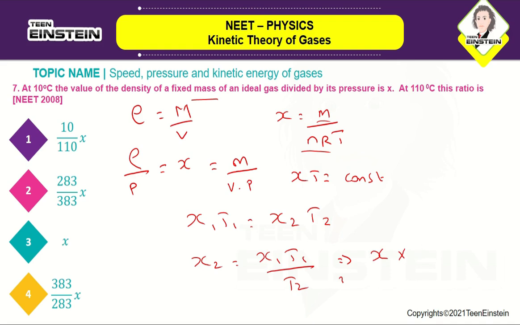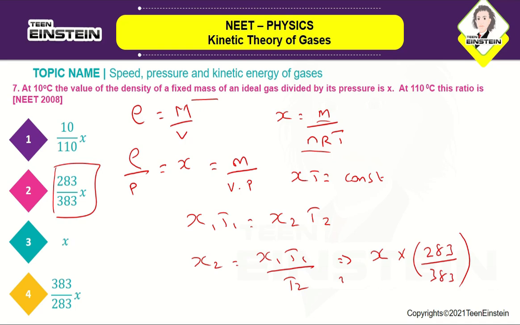So 10 degree means you are adding 273, so it will become 283 divided by T2 is 383. So you are adding 110 degree plus 273, so that will become 383. So the correct answer is option number 2, 283 by 383 x.